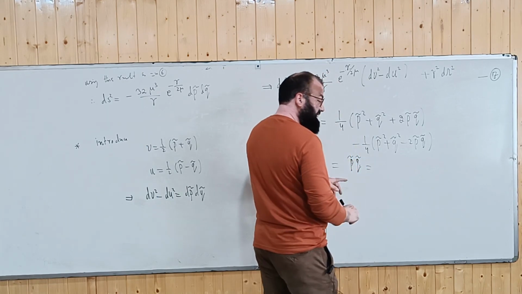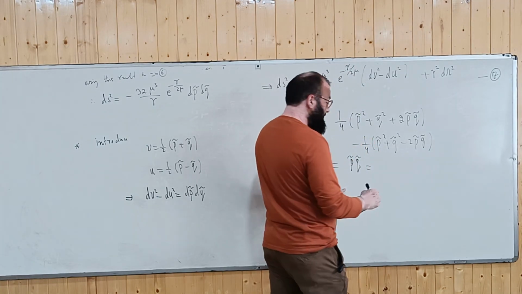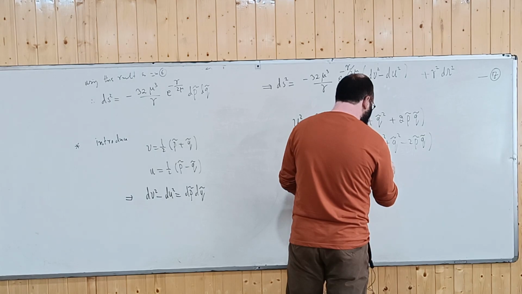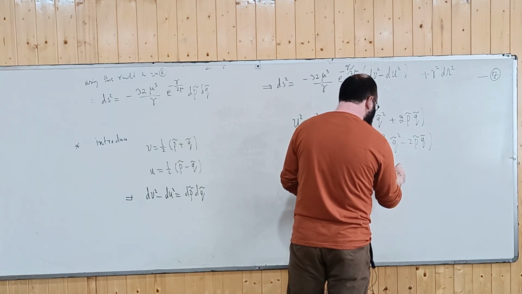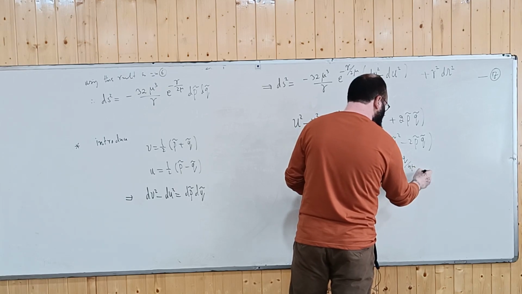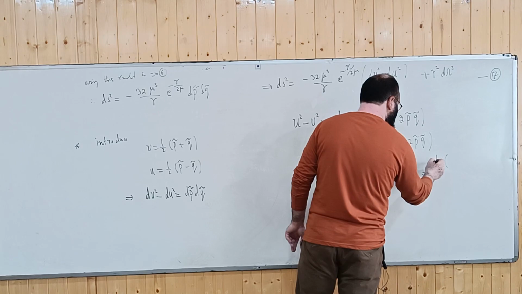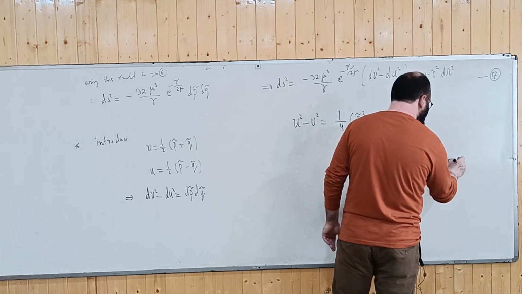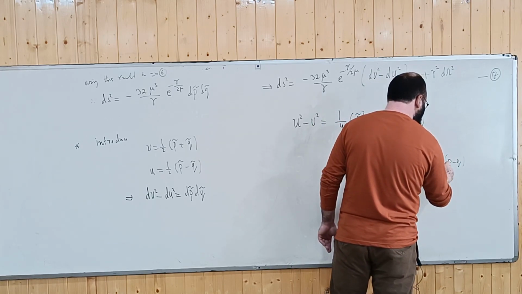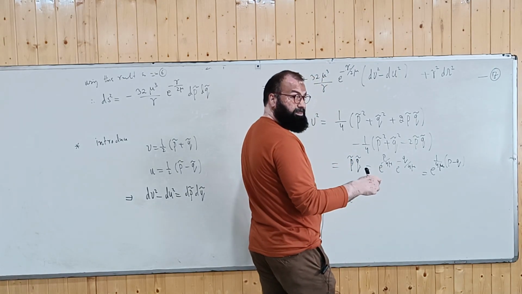So what is that? p tilde q tilde. What was p tilde? It is e raised to the power p by 4 mu. And this one is e raised to the power minus q by 4 mu. So that is equal to e raised to the power 1 by 4 mu times p minus q.